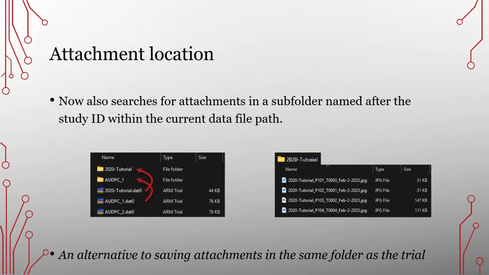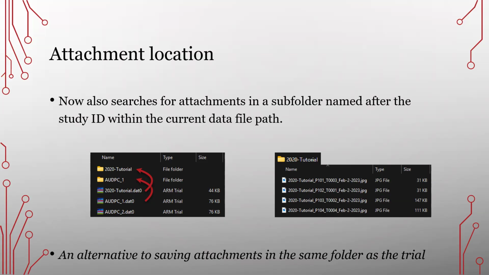So ARM will look both in the folder where your trial is. It now also looks to see if you have a folder that's named your trial ID that has all of the files in it. ARM will see, hey, if I can find those attachments in this subfolder, I can reconnect all those files.